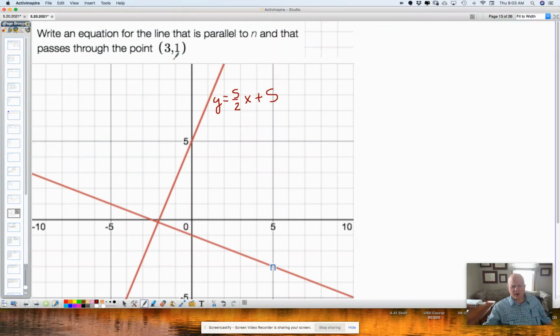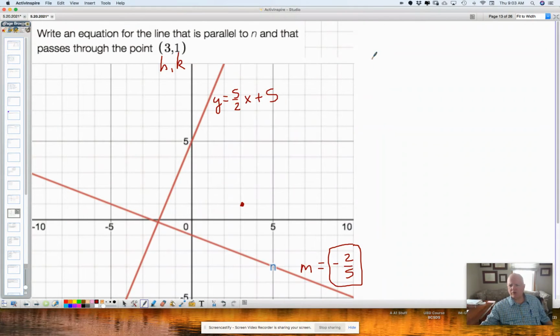We're supposed to write an equation that is parallel to N. Again, this has a slope of negative 2/5, and it passes through the point (3, 1). So it would have the same slope, which is negative 2/5, and this is my h and my k.